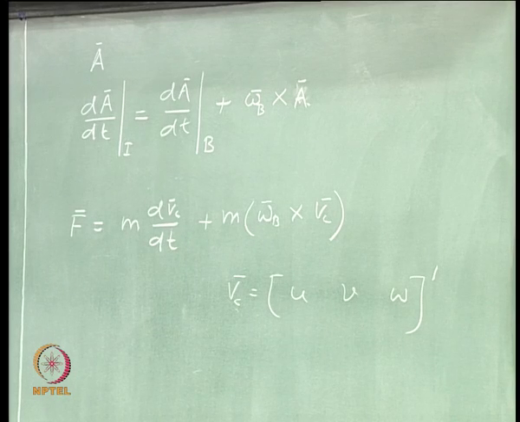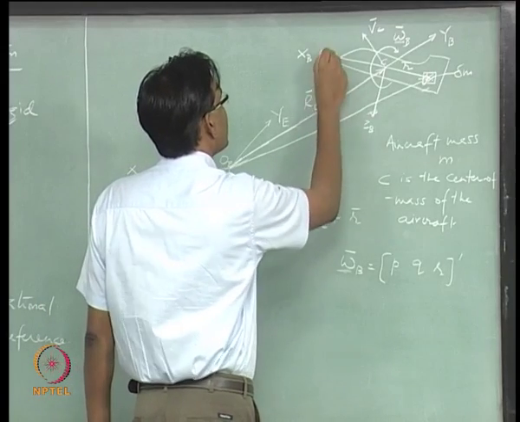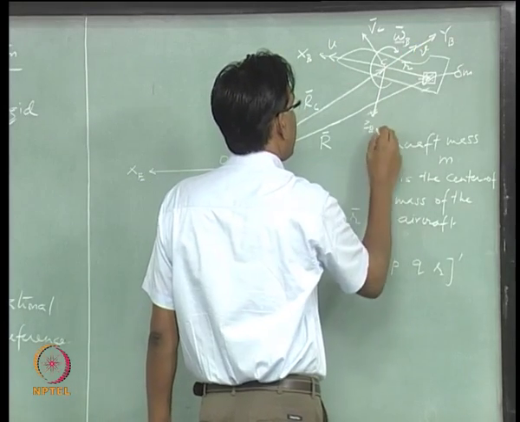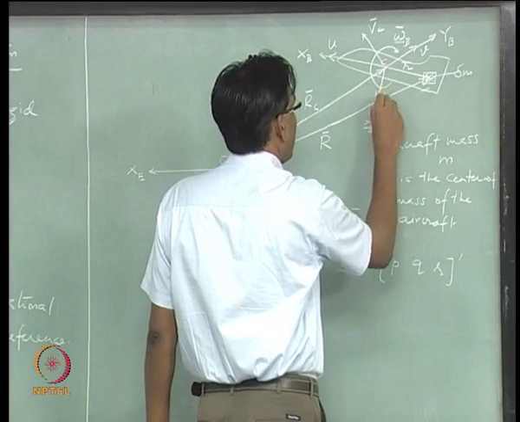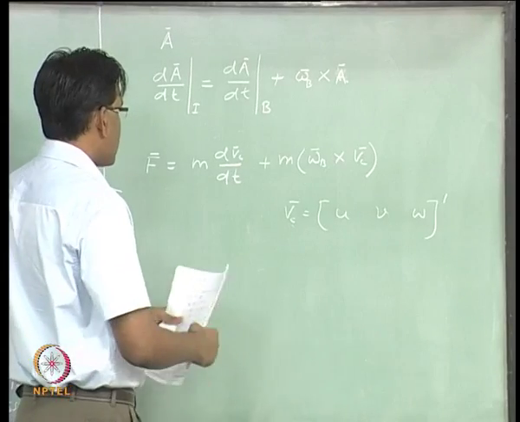So aircraft is having velocity components along its axis, u, v and w, right. So, now I am ready to expand this.